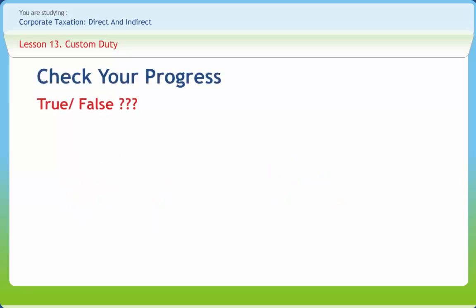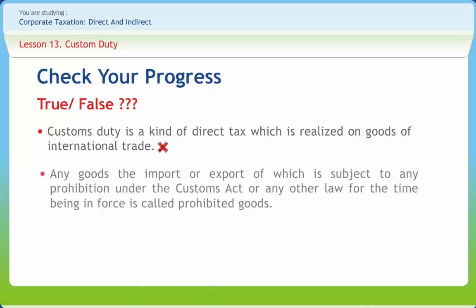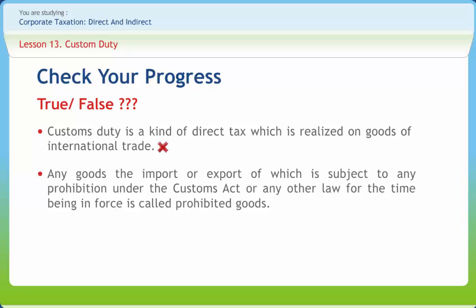Now let us check if we have understood the various concepts discussed in this lesson clearly. Customs duty is a kind of direct tax which is realized on goods of international trade. Right or wrong? Wrong. Any goods, the import or export of which is subject to any prohibition under the Customs Act or any other law for the time being in force is called prohibited goods.